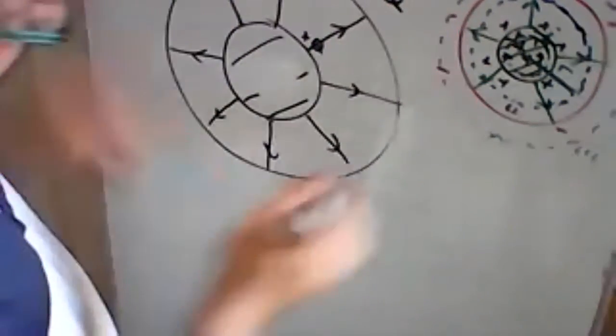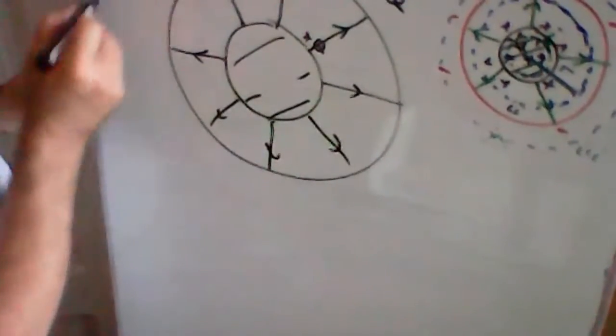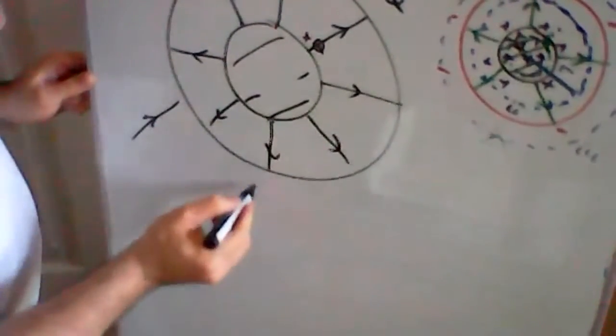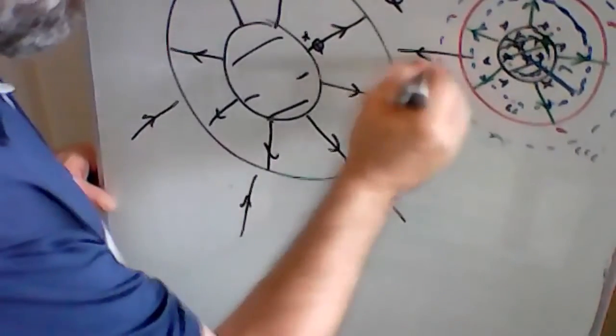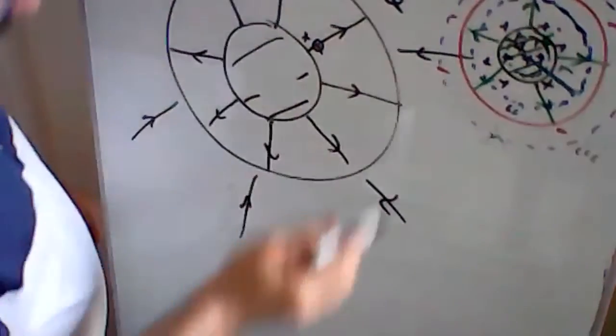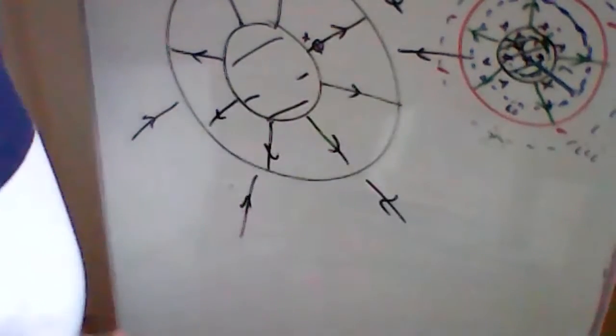Okay. On the outside, the total charge is negative, right? So it points this direction. And on the inside, we're positive, right?